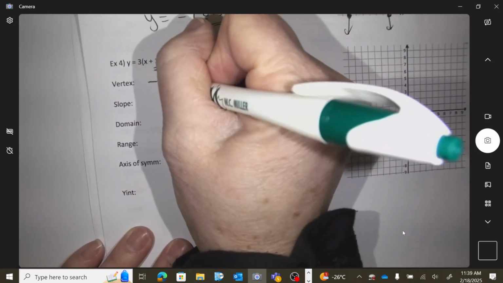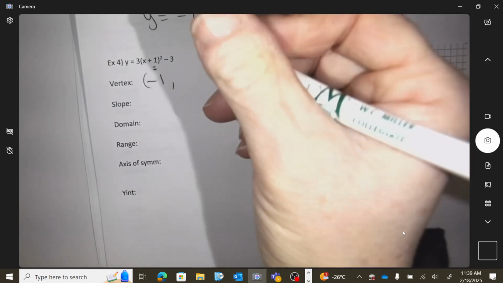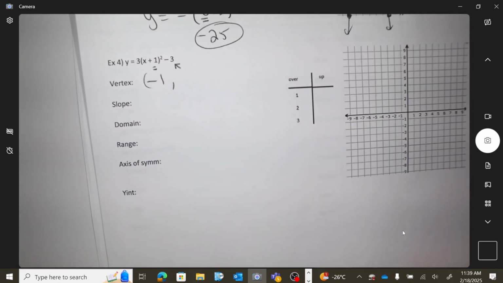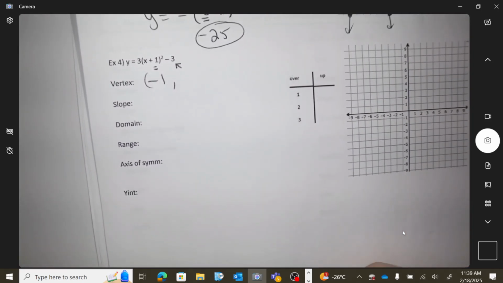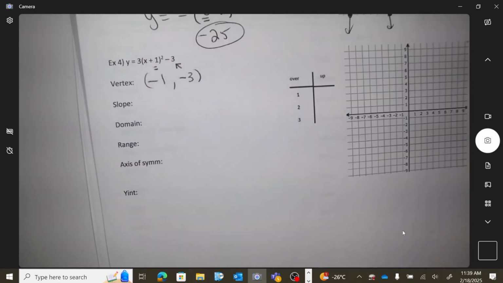So I'm going to go -1, comma, some kind of floating number by itself, which would be that number. Okay, it's not connected to anything. It's not in the bracket. So is that going to be a 3 or a -3? Should I do a same or an opposite? When it's over there, I should do the same.